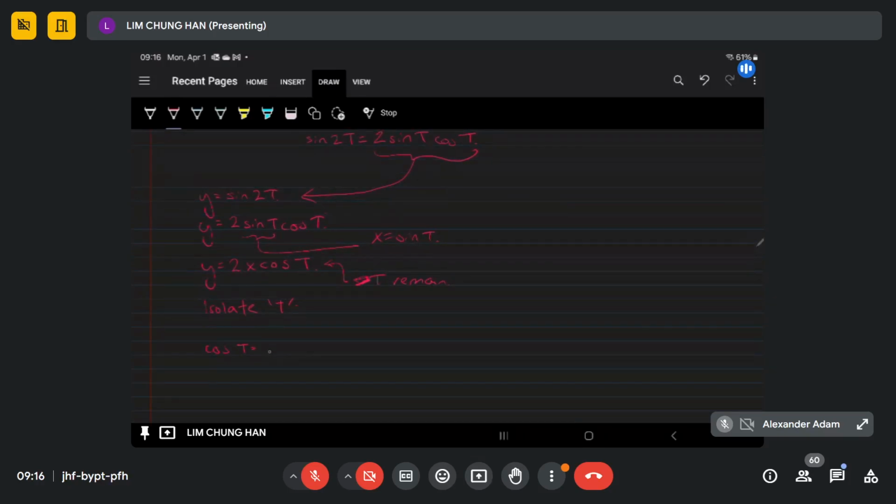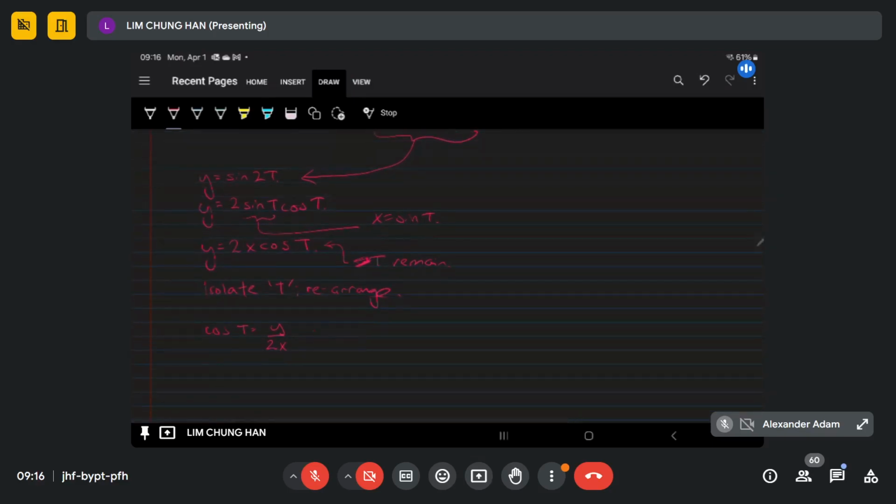Just rearrange: y over 2x. I'm just rearranging everything, I'm not doing anything funny. So cos t is equal to y over 2x. Let's make this equation 1.